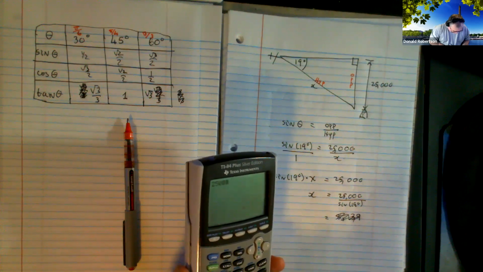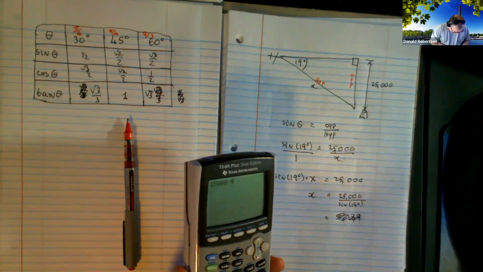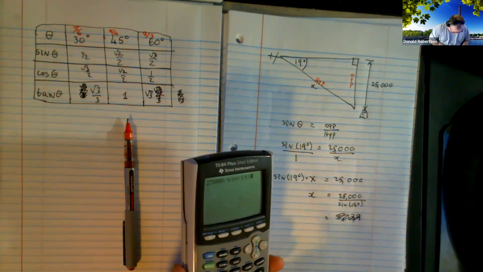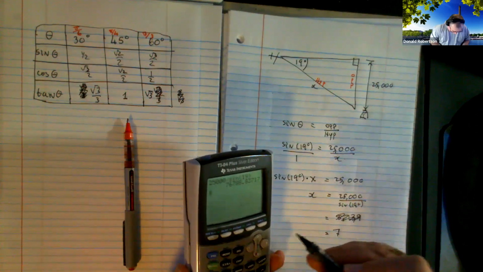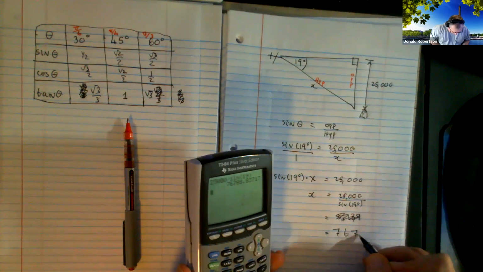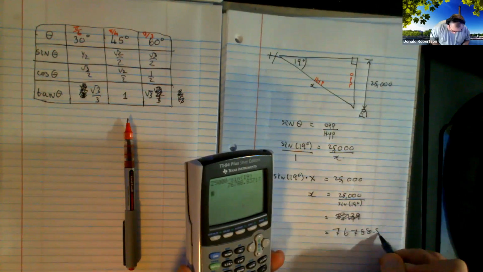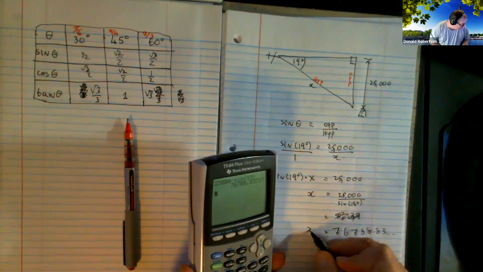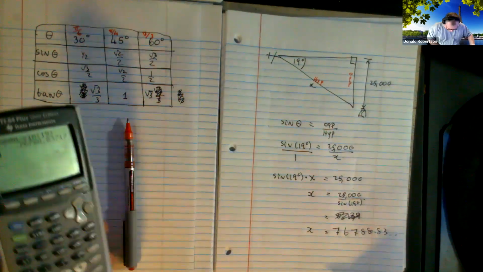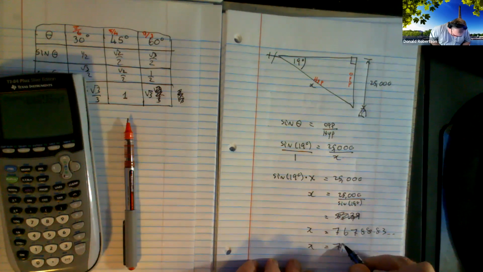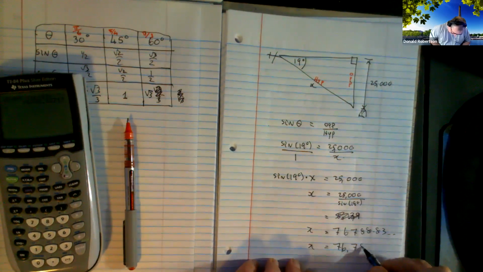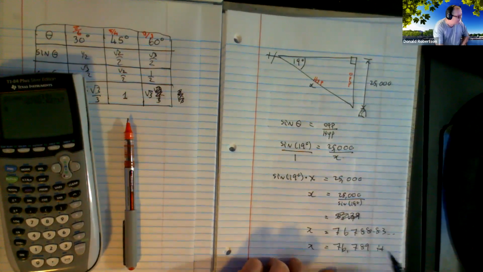God, I'm getting old. There it is. Third time lucky. Actually, wasn't that the answer I got the first time? Now I'm reading the question. Oh, they want it to the nearest foot. Okay, so 76,789 feet.